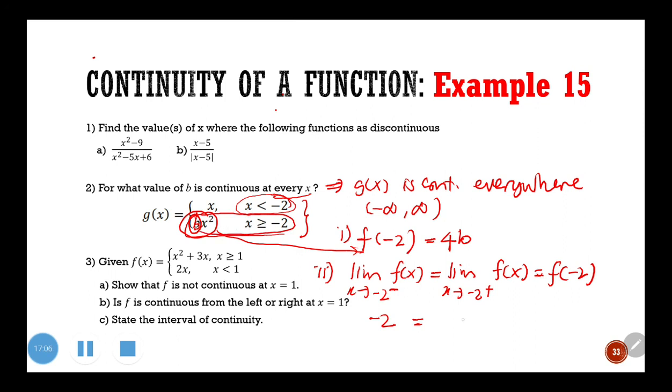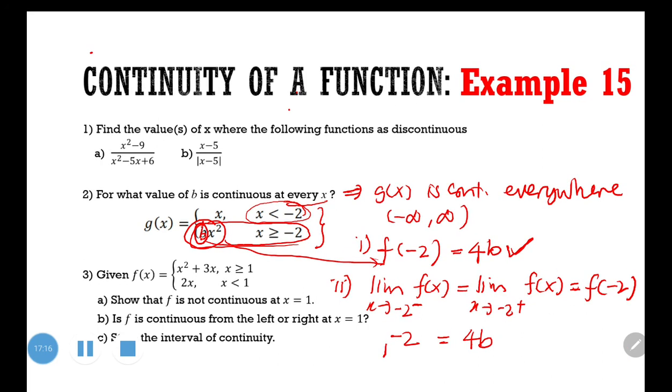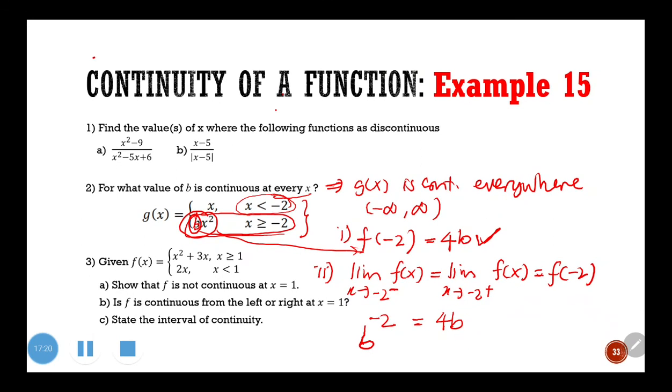So this one will become 4b. And f(negative 2) is also the same, equal to 4b. So from here, you will get b equals negative 2 over 4, which is negative 1 over 2.